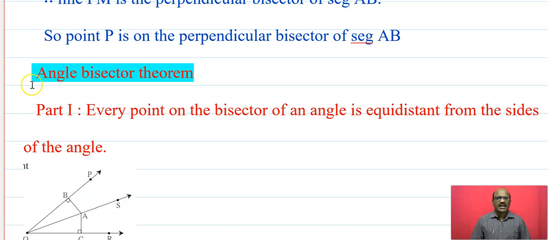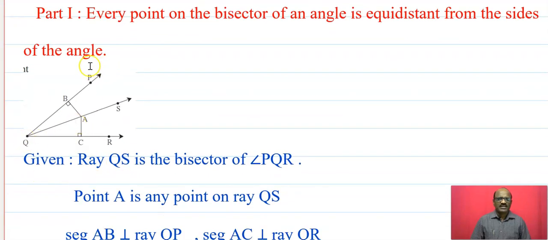Now the next is the angle bisector theorem. Every point on the bisector of an angle is equidistant from the sides of the angle. We want to prove that in triangle PQR, QS is the angle bisector, and every point on this QS is equidistant from ray QP and ray QR, that is, AB is equal to AC.